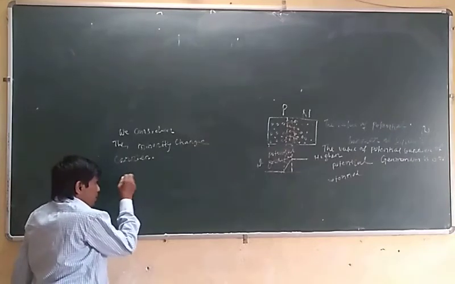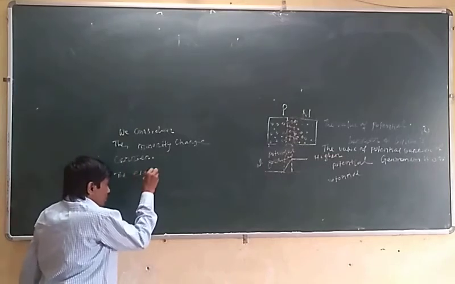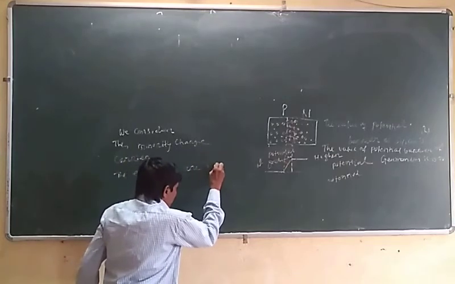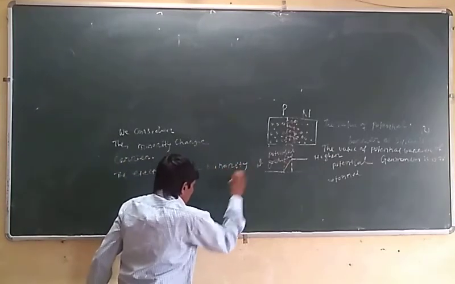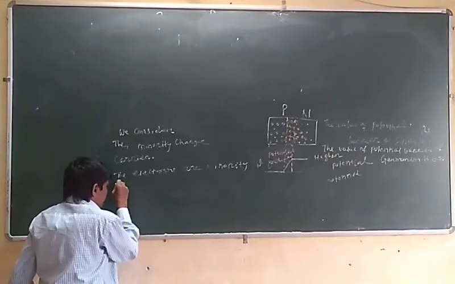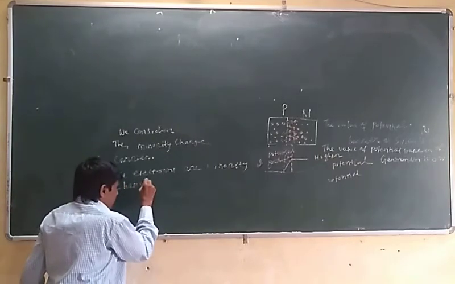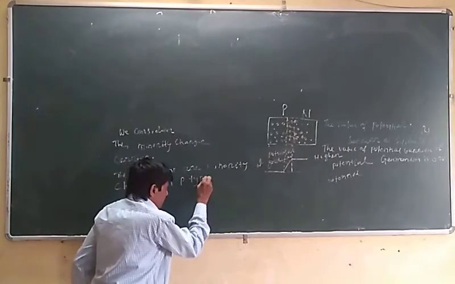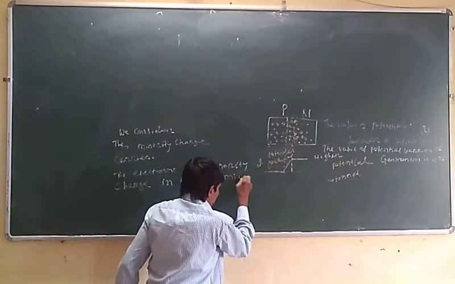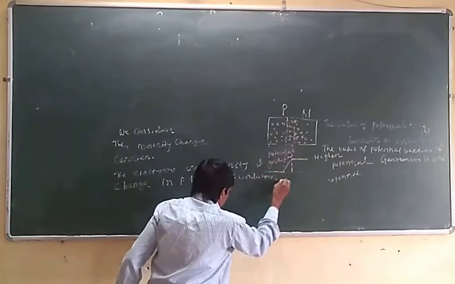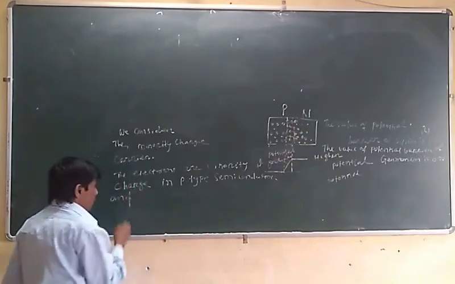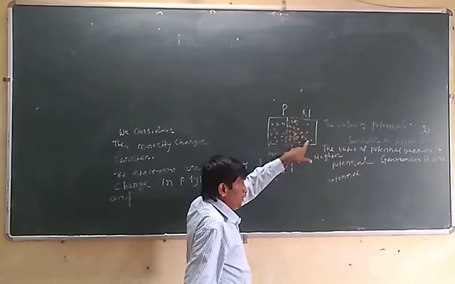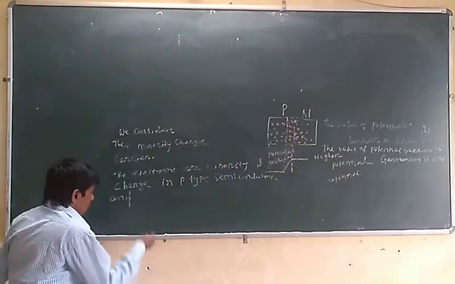So we can write the electrons are minority charge carriers in a p-type semiconductor, and the holes in an n-type semiconductor are the minority charge carriers.